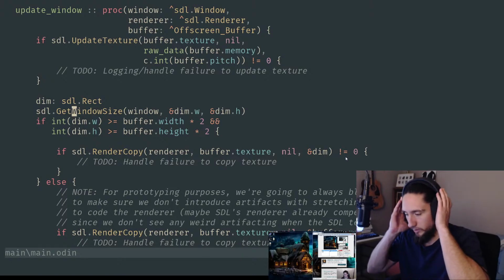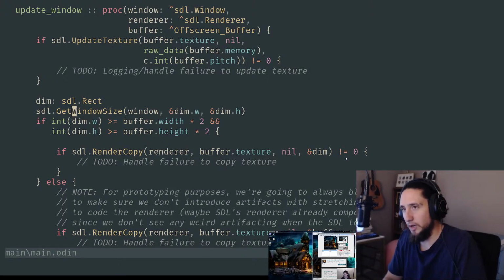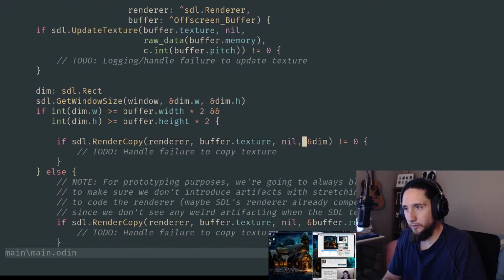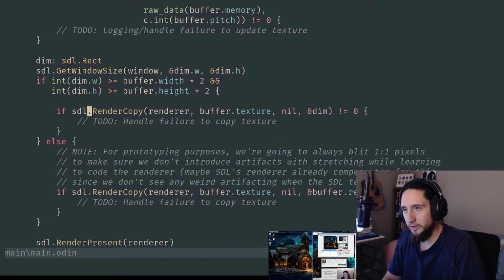I didn't understand why that was happening, and that's what led me to discover this issue where, because I was bundling the window dimensions into this X and Y and width and height struct, when passing that dimension in for the full screening, because now I have this conditional here that says basically if the window size that we have is greater than two times or more the buffer's width and height, then we just go ahead and draw the buffer out to the entire window dimensions.